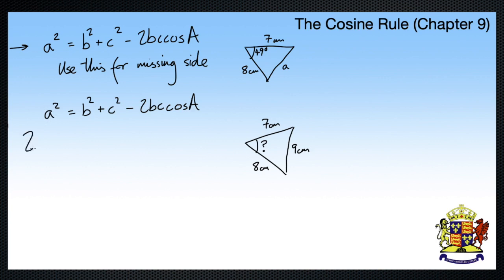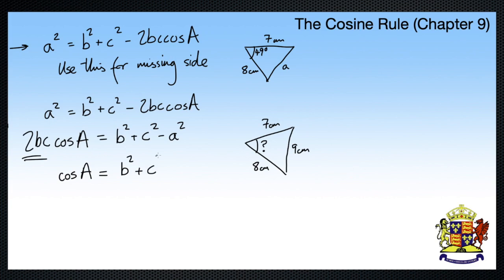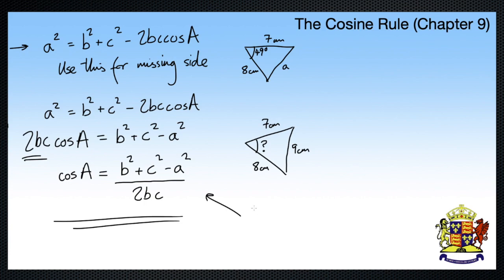So we end up with 2bc cos a equals b squared plus c squared minus a squared. Now I'm going to divide by 2bc. So I end up with cos A equals b squared plus c squared minus a squared all over 2bc. So this I use for missing angles.